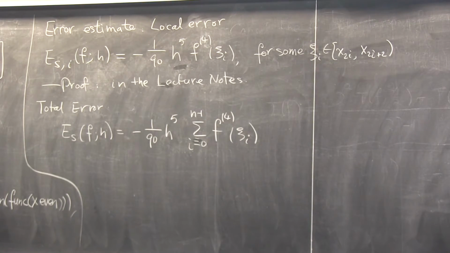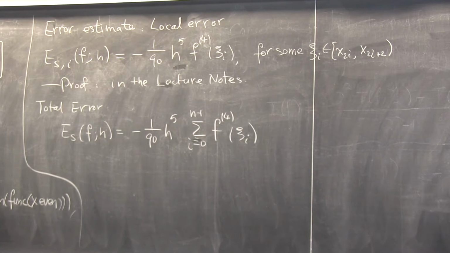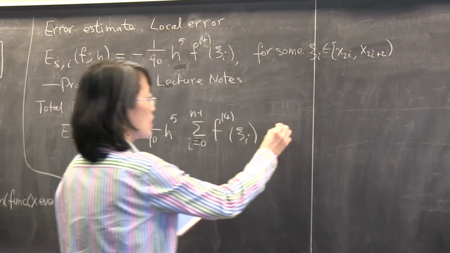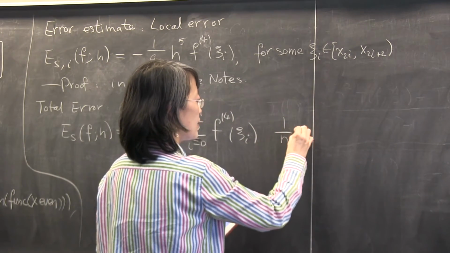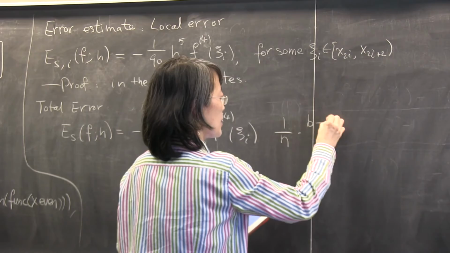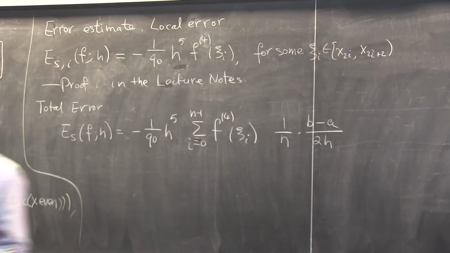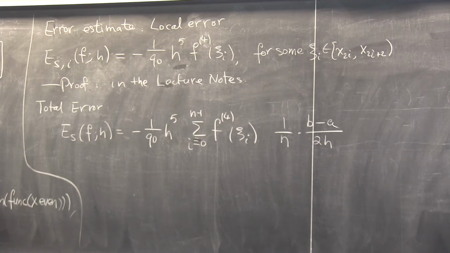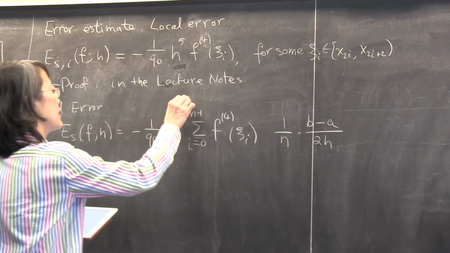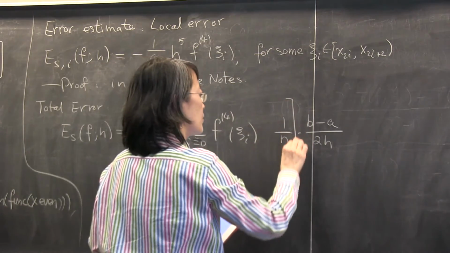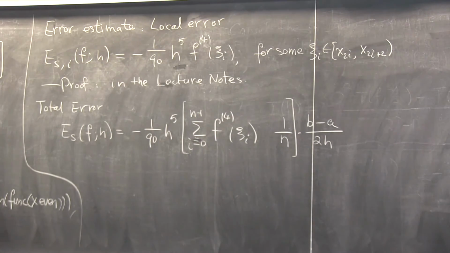For this expression, I'm going to multiply it by the identity 1, and I'm going to write the 1 in a fancy way: 1 over n times (b minus a) over 2h. That's 1 altogether. You've seen that, right? Then I'm going to combine these two together.